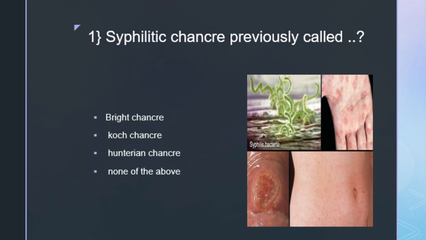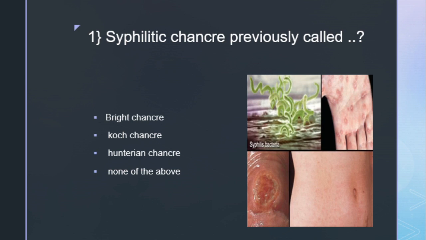So the chancre was previously called as, first option is bright chancre, second cock chancre, third is Hunterian, and fourth is none of the above. First, bright chancre, there is no such terminology. Second, cock chancre, it may be related with Koch's disease, that is tuberculosis, which is also called Koch's disease. Third is Hunterian chancre.